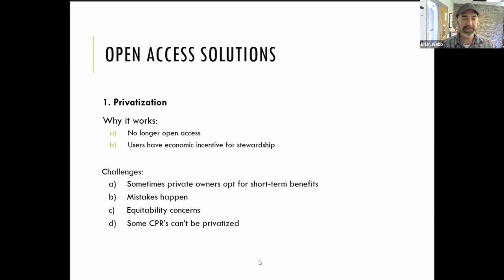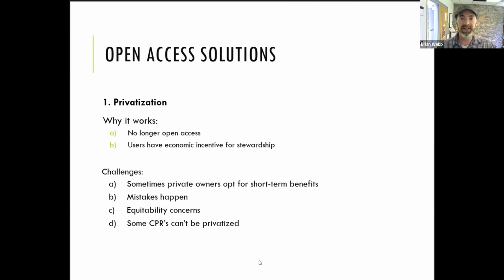Or perhaps the stockholders are looking for positive returns on their investment now. So we're not going to worry so much about cleaning up our act in terms of how we produce within our industry, because we want to focus on short-term profits, because that's what our shareholders are most interested in. So that sometimes happens. Mistakes happen.